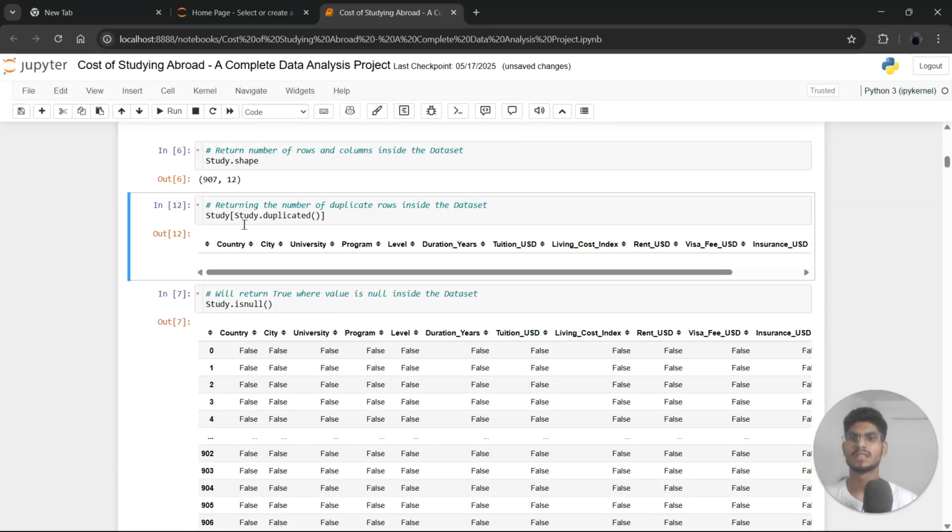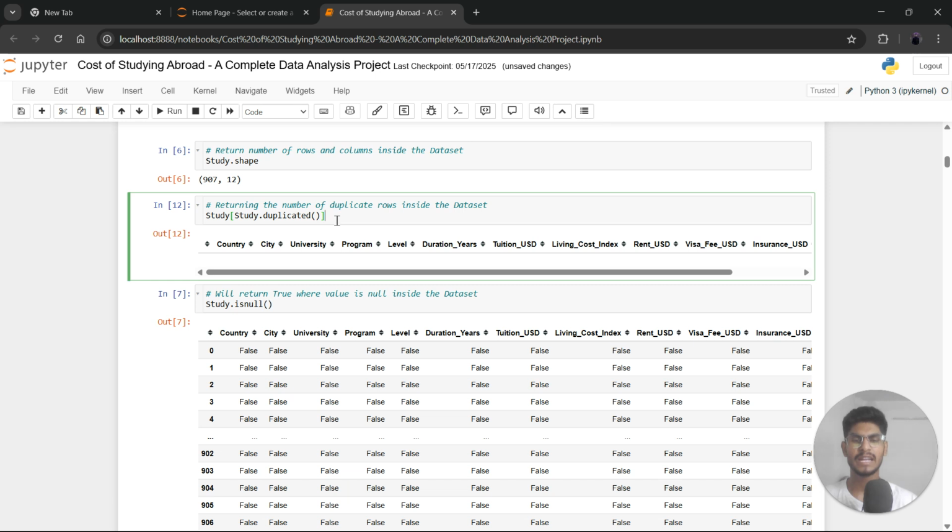And now we are using the duplicated function. It will give us the number of duplicate rows we have in our data set. If there were any, it would have shown us right here which values are duplicated.